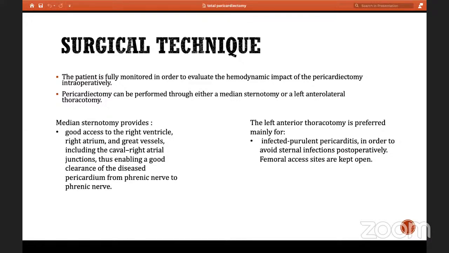The left anterolateral thoracotomy is preferred mainly in cases of infective purulent pericarditis in order to avoid postoperative external infection. Femoral access sites are kept open for the left anterolateral thoracotomy in case we need cardiopulmonary bypass.